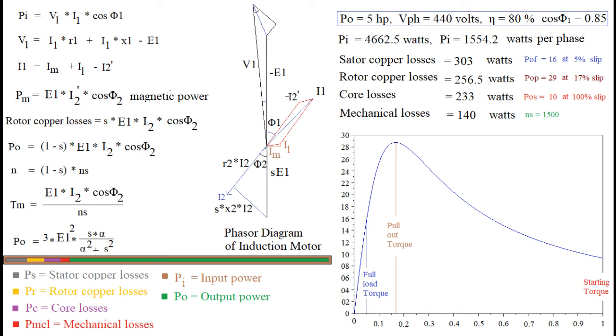This characteristics curve is shown on slide. X-axis holds slip and y-axis holds output of the motor. The operating point moves from slip equals 1 to slip equals very close to 0. As motor starts at slip equal to 1, it has a starting torque.